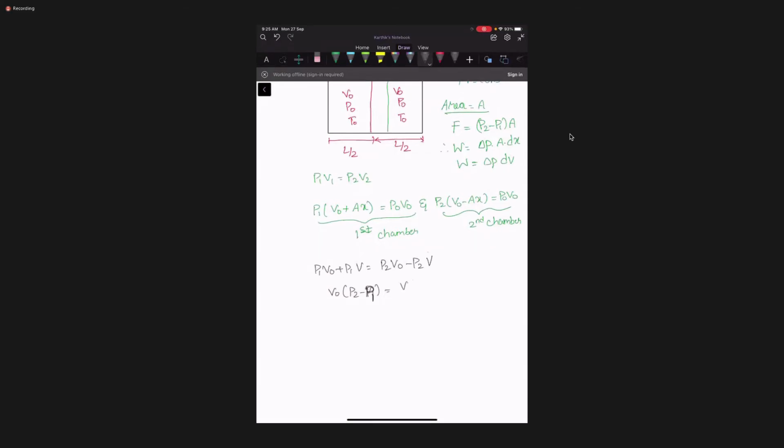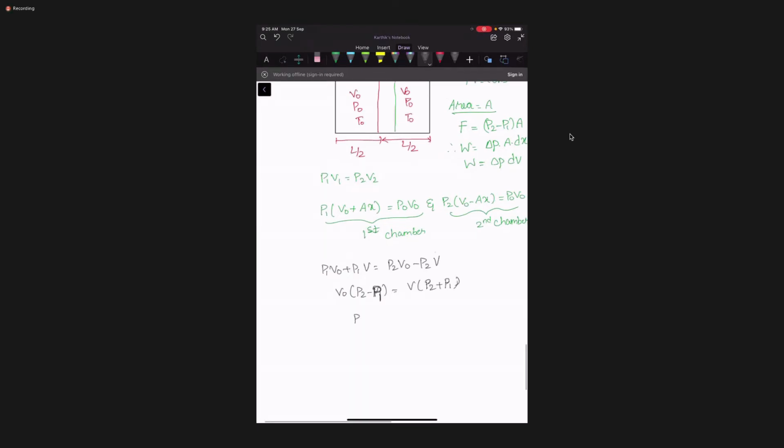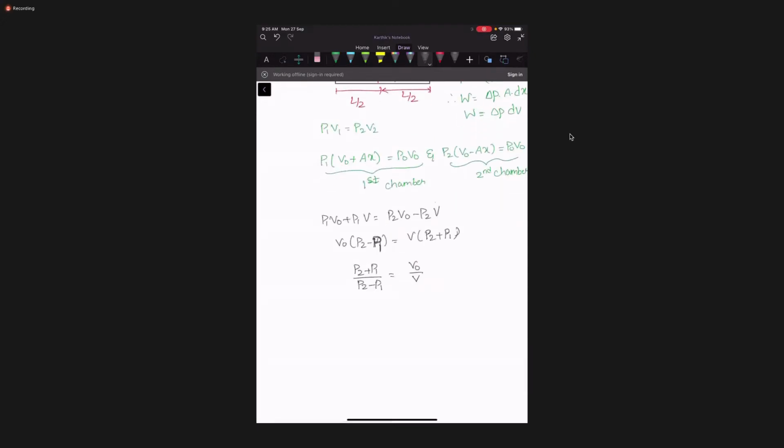V taken common, it will be P2 plus P1, isn't it? So from this, P2 plus P1 divided by P2 minus P1 is how much? V0 divided by V, correct?